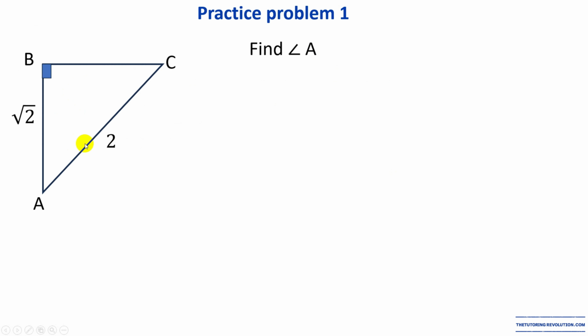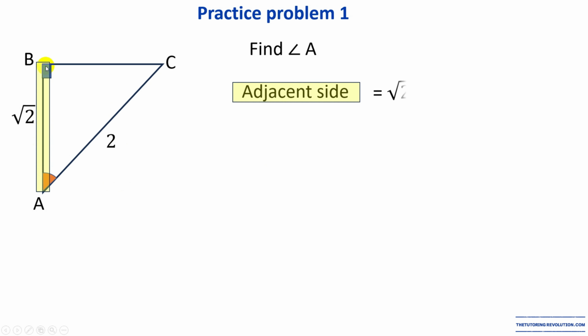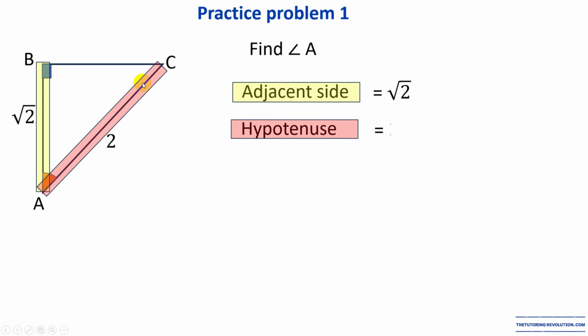In this problem, we need to find angle A. Every time you are looking for an angle, you have to think of the trigonometric inverse functions. So this is the angle we need to find, A. What we have is the adjacent side to A, which is the square root of 2, and the hypotenuse, which is 2.